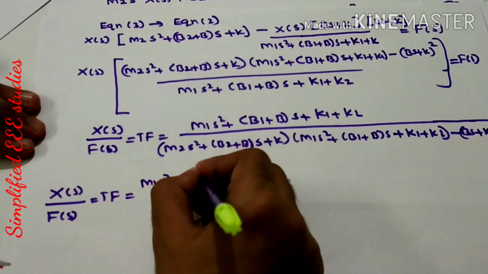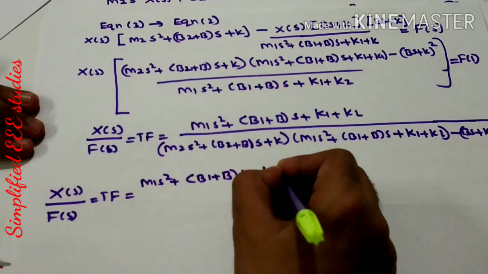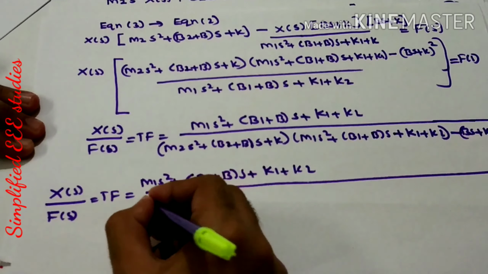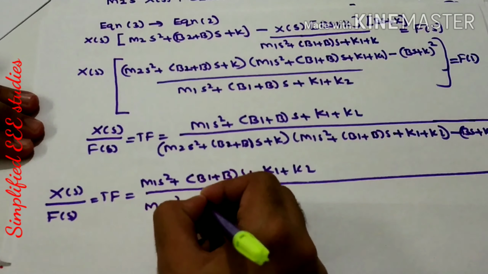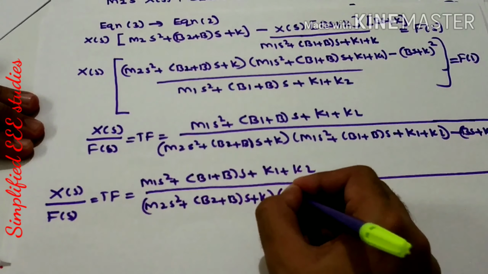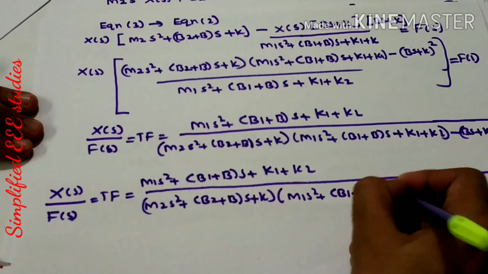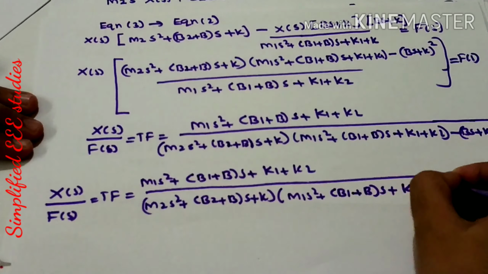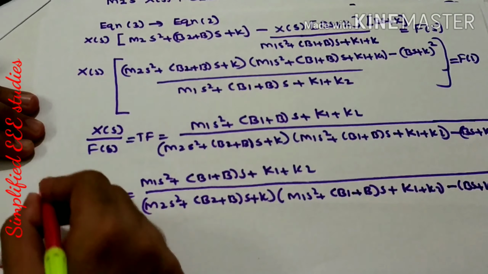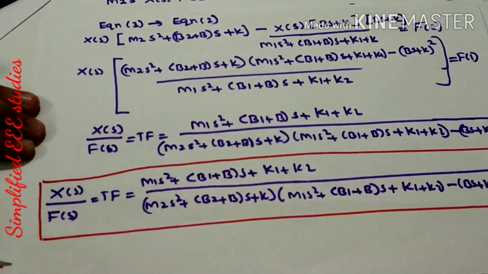X(s) by F(s) is equal to the transfer function: (M1 S² + (B1 + B) S + K1 + K2) whole divided by ((M2 S² + (B2 + B) S + K) × (M1 S² + (B1 + B) S + K1 + K2) − (BS + K)). Same thing I have written, just putting it in a separate block. So this is the transfer function for the given physical system.